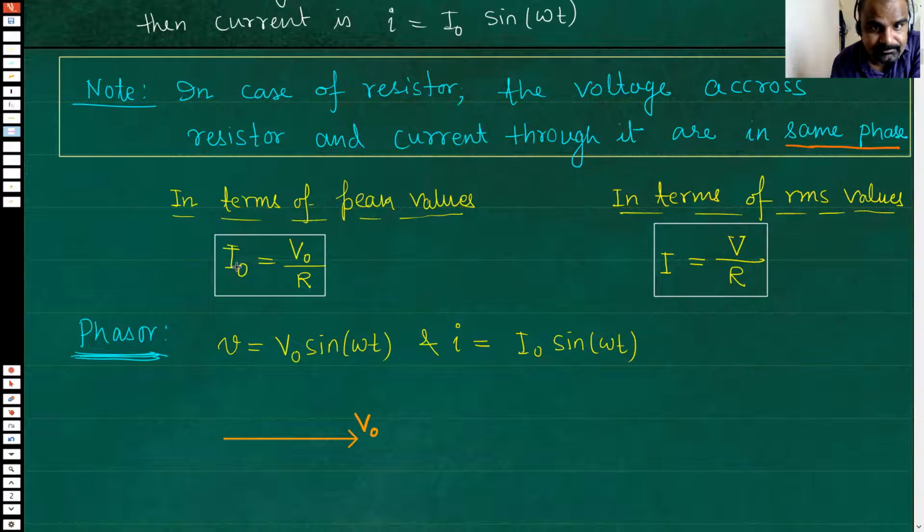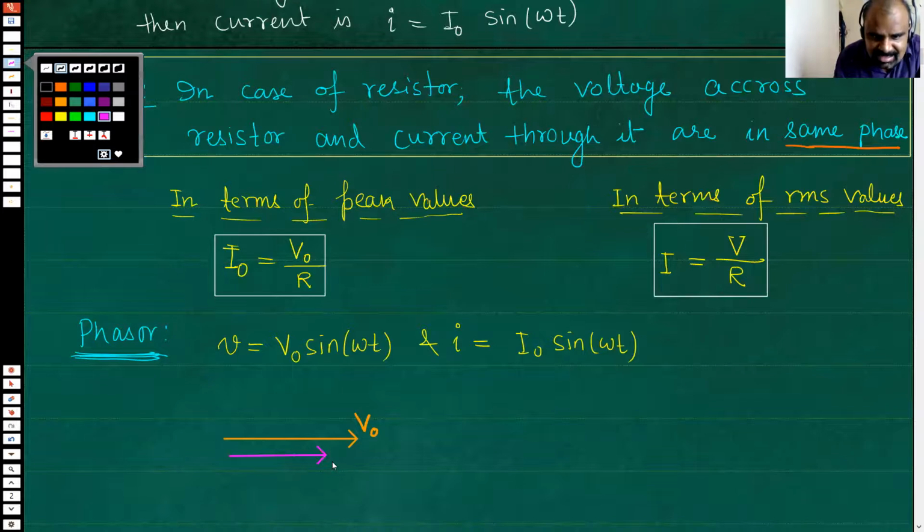Okay, sir. So what about the current? The current arrow can be drawn. Let me use this color. I have two different colors. So the current arrow can be drawn like this. What should be the magnitude of this? Equal to I naught. So I can write this as I naught.